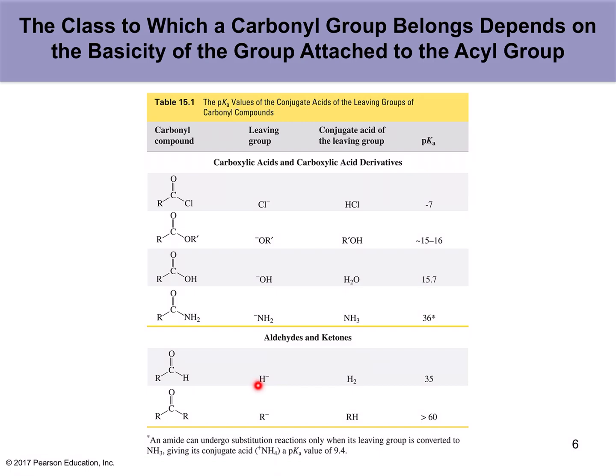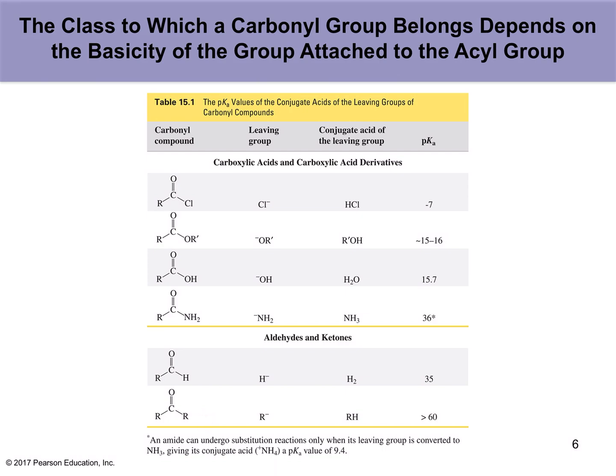So removing a strong base by breaking a carbon-hydrogen bond is very difficult. Similarly, remember we talked about cuprates and Grignard reagents, where we created alkyl nucleophiles and they were strong bases. So because of that, it's not possible to remove a hydrogen or alkyl group from an aldehyde or a ketone.